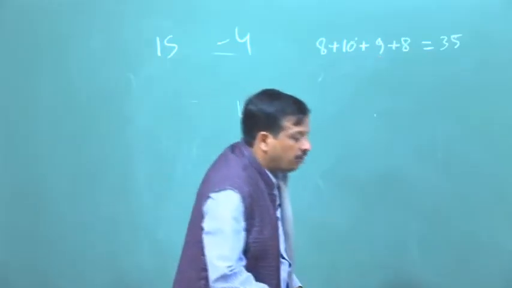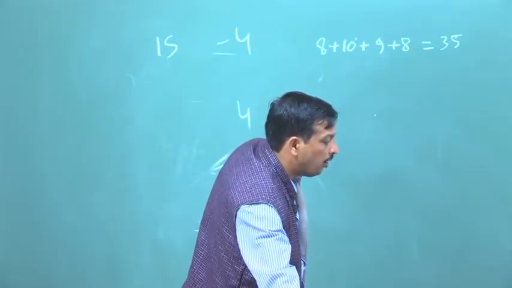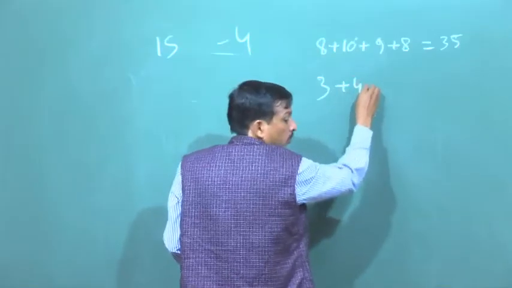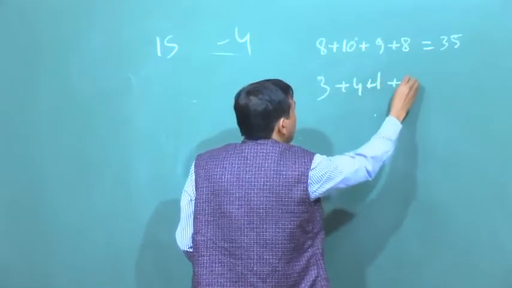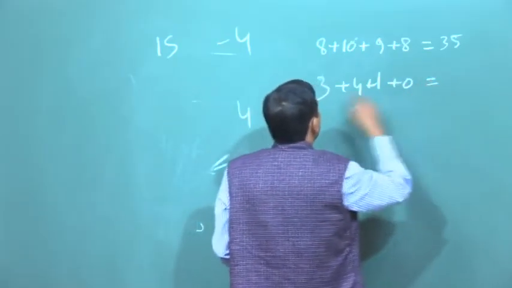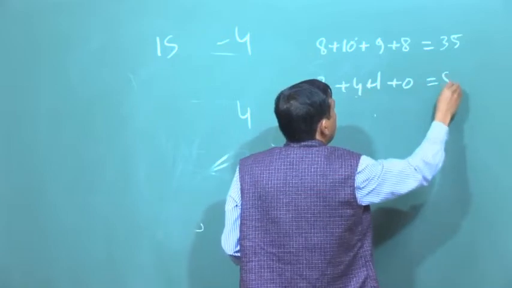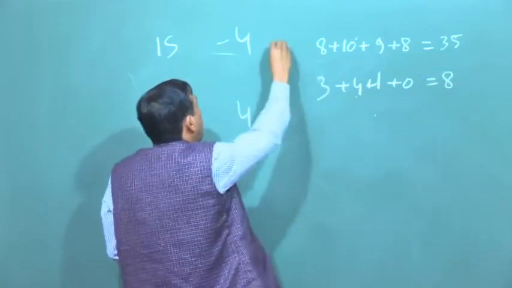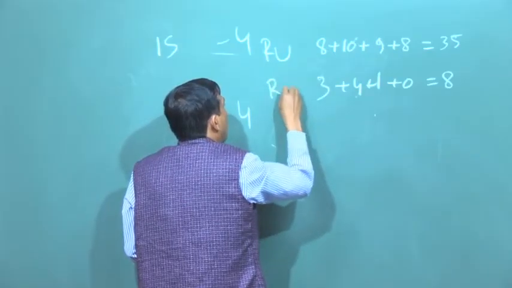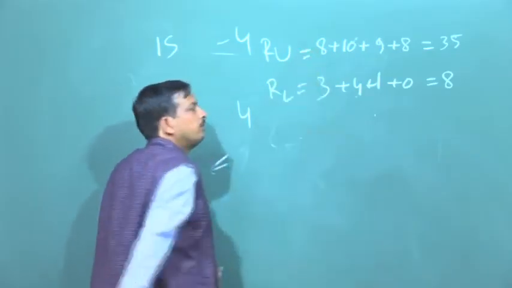So, what is the total marks of our lower group? 3 plus 4 plus 1 plus 0, which is 8. This is the upper group R U, this is the lower group R L, total marks.